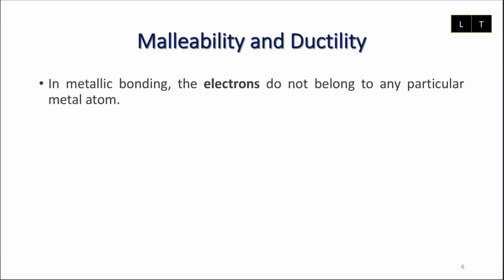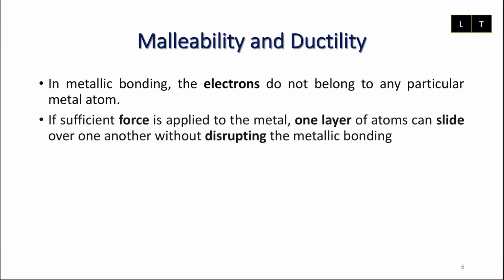For malleability and ductility, in metallic bonding, the electrons do not belong to any particular metal atom. So maknanya dia memang move around, delocalized electron. But if you have a sufficient force or enough force when applied to the metal, one layer of atom can slide over one another without disrupting the metallic bonding.